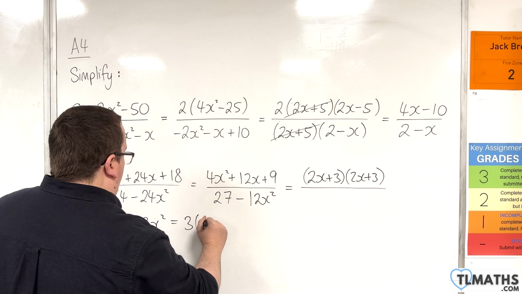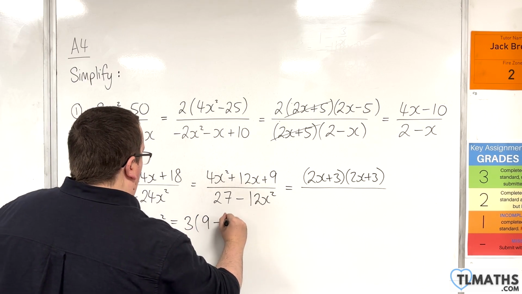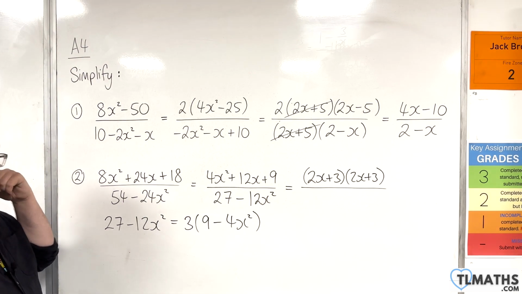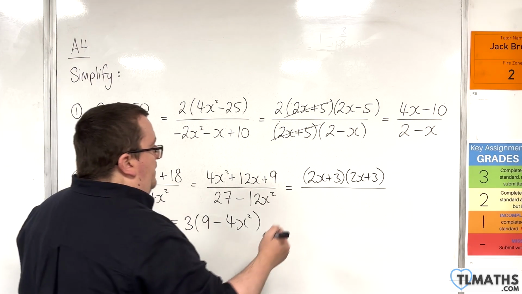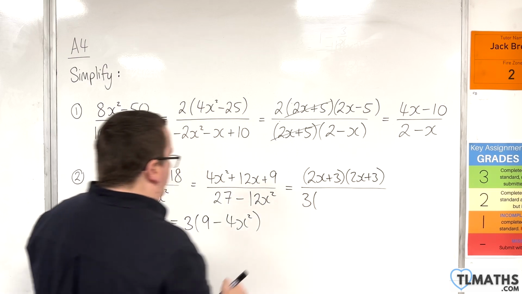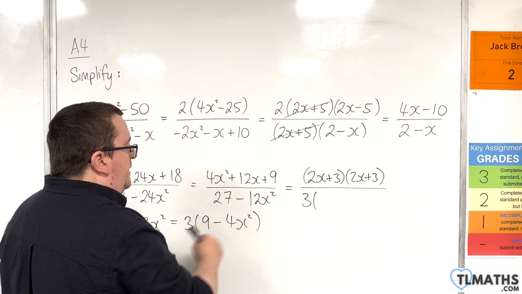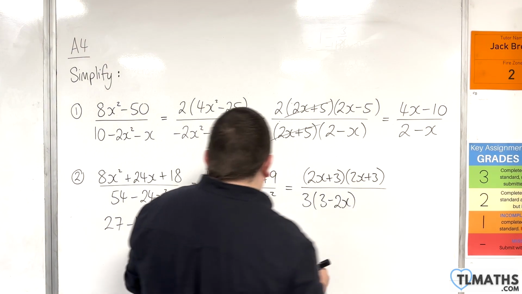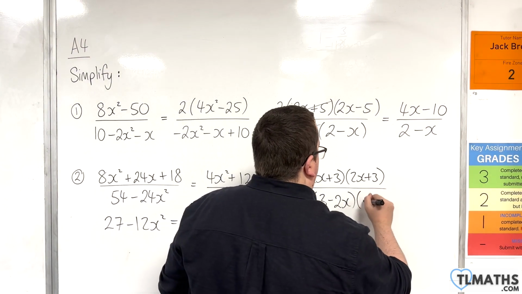So 3 lots of, and I'd have 9 take away 4x squared. Now that is the difference of two squares, and that's nice. So this would be 3 lots of 3 take away 2x and 3 plus 2x.